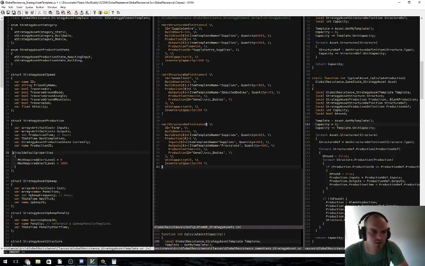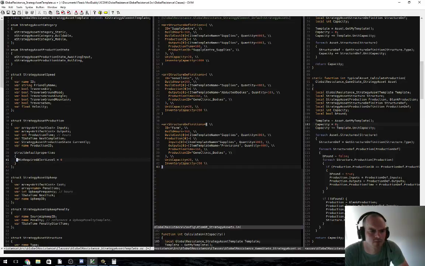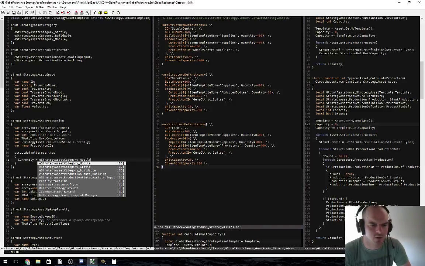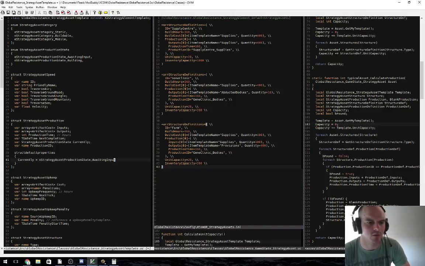That's what I need. Currently equals E strategy asset production awaiting input. So it starts off like that, then it runs, does its thing.